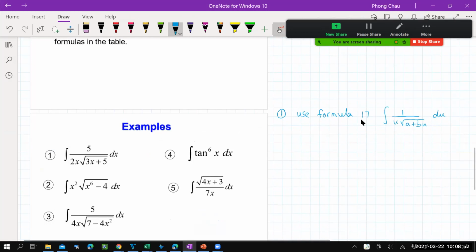Now, does it fit? Well, if you look, a plus bu is what's inside the root. So you have to identify what is a, what is b, and what is u.